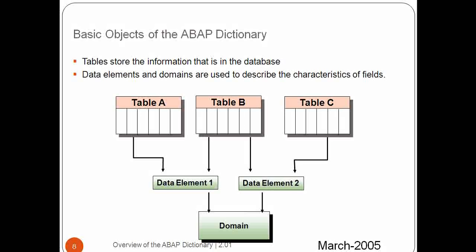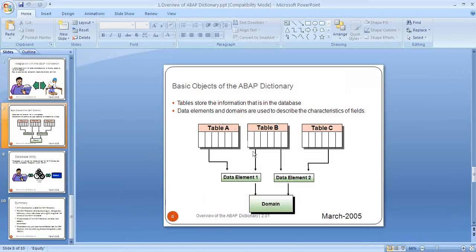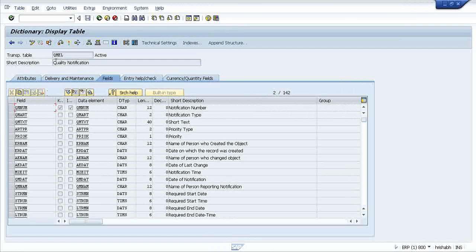As I said, the database only understands the tabular format. Now you are trying to create a table. What does the table contain? Suppose this is a particular table named QMEL, created in the database. Another most important thing is that anything created without a name starting with Z or Y will be considered an SAP standard object.